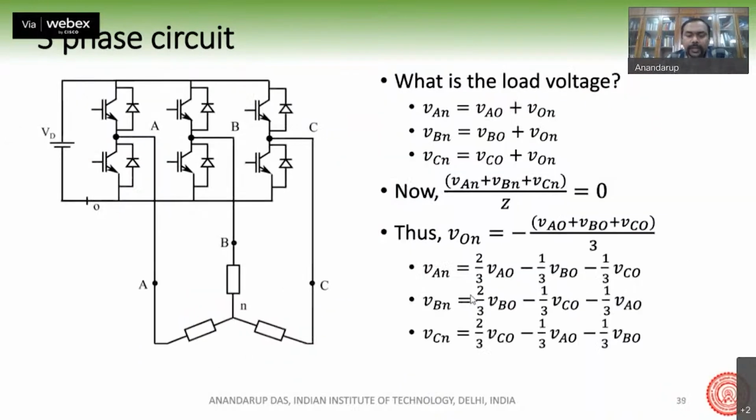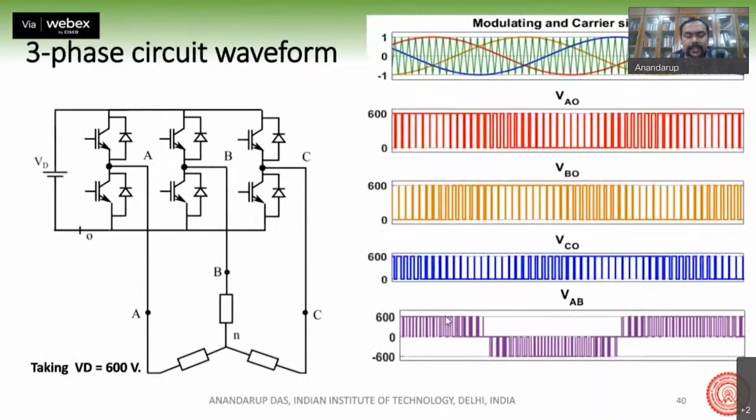The modulating waves will be phase shifted by 120 degrees, and then you will see that there will be a common mode voltage between point N and point O. This common mode voltage will always exist between N and O. Therefore, you cannot connect the points N and O. If you connect them, then a huge current will flow between the points N and O, so this has to be avoided.